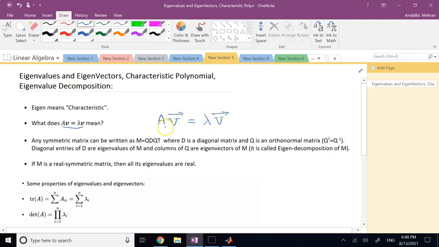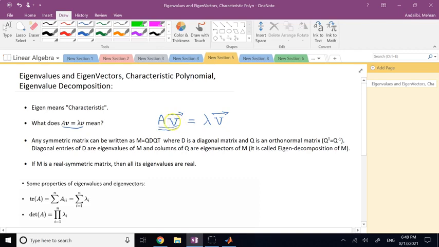But what is it that you're doing when you multiply a matrix by a vector? Well, in general, when you multiply a matrix by a vector, the result is going to be another vector, and compared to v it is going to be resized in general. So multiplying a matrix by a vector does change the size of v in general, and it also does change the direction of the vector.